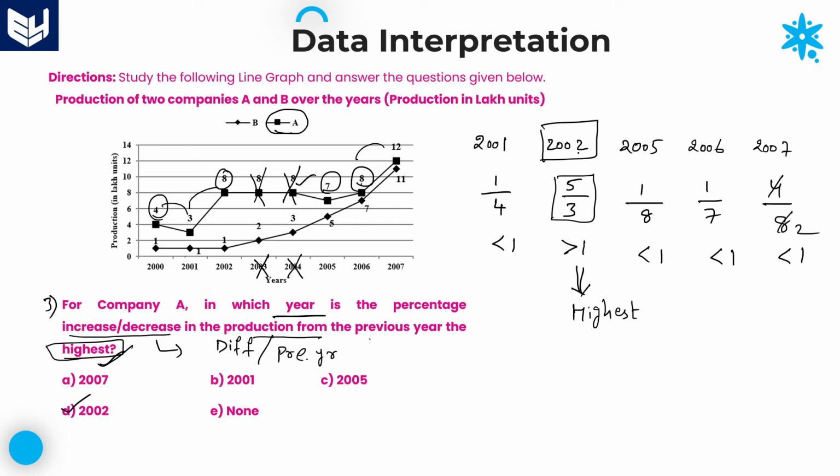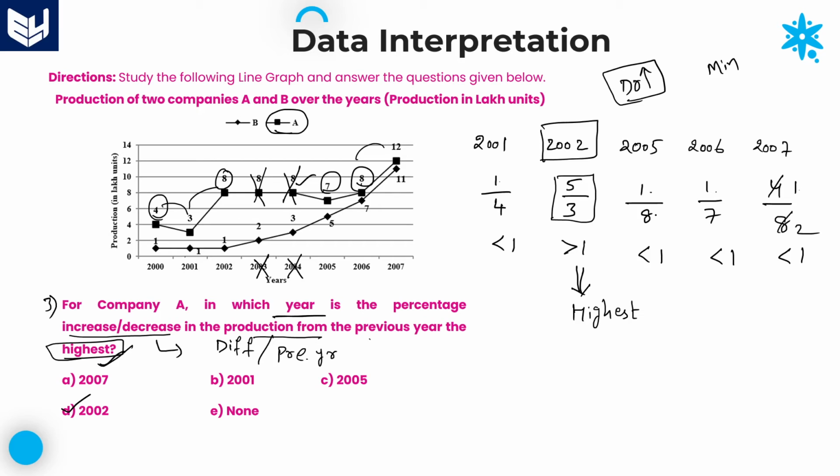But if you want to calculate the lowest value, it is 1 by 2 for 2002, so definitely you can eliminate 2002. You need to check the remaining 4 values. Among the remaining 4 values, if you observe carefully, all the numerators are equal to 1. Now compare the denominator values. If the denominator value is more, then that particular fraction is minimum, right?